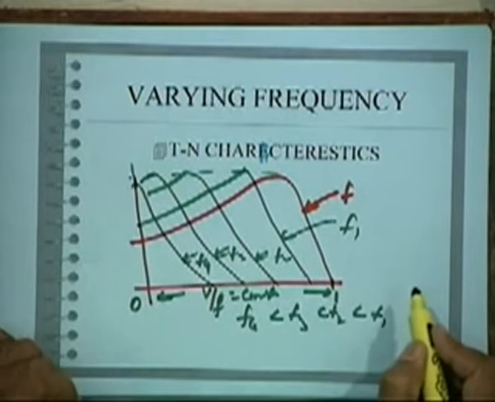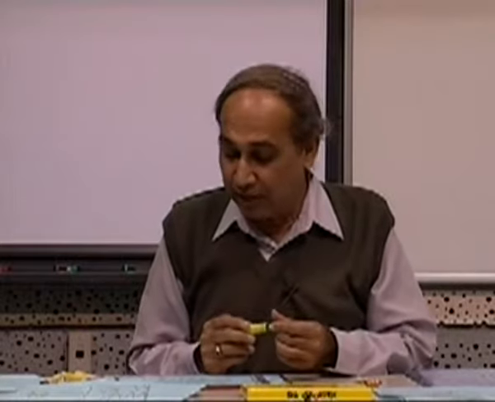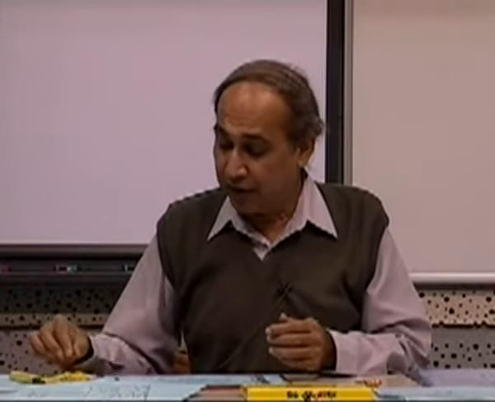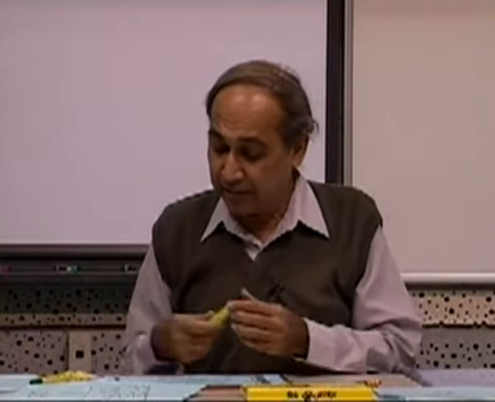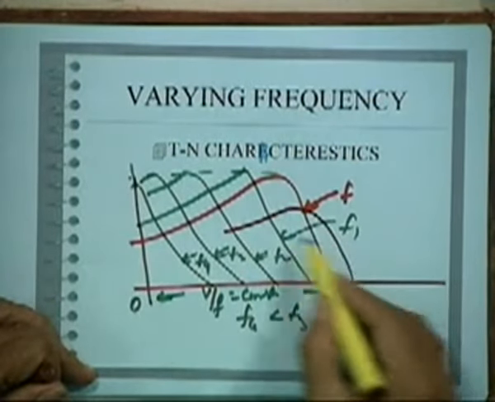If you double the frequency, what should be the voltage? Double the voltage. But you can't double the voltage, because the machines are built for certain voltage. You can reduce the voltage, not increase the voltage. So after that, it is a constant voltage mode. That means it is underfluxing. Okay. Therefore, the characteristics outside the base one will go like this.